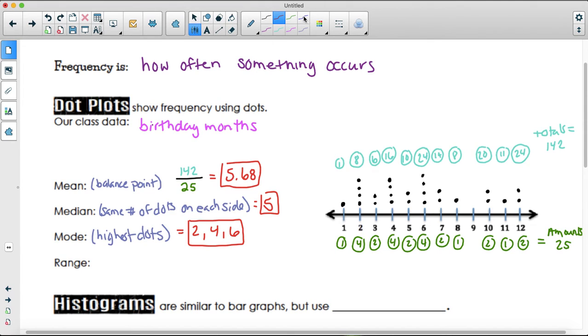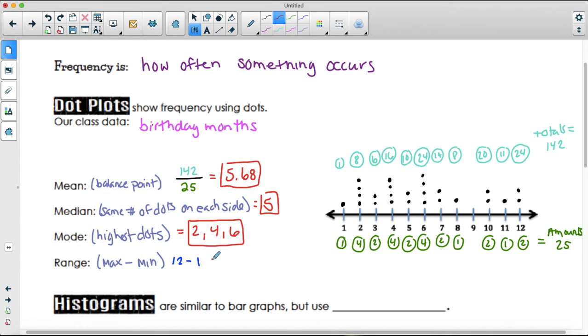The range shows how spread out it is. We have people who have birthdays in January and people who have birthdays in December, and all the way through it, except for September. To find the range, we take our maximum value and we subtract our minimum value, the same way we did before. So we would have the maximum value of 12 minus the minimum value of 1.